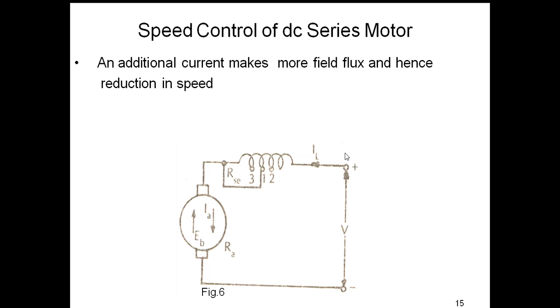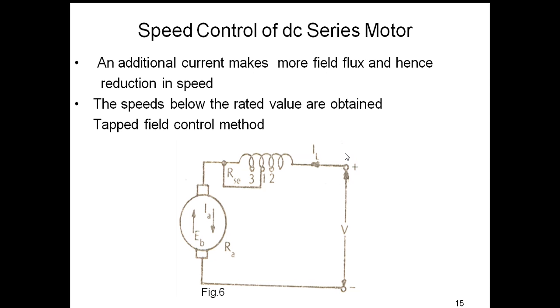When flux becomes more, the speed gets reduced. And from this method, the speeds below the rated value can be obtained. And the next type of method is the tapped field control method.